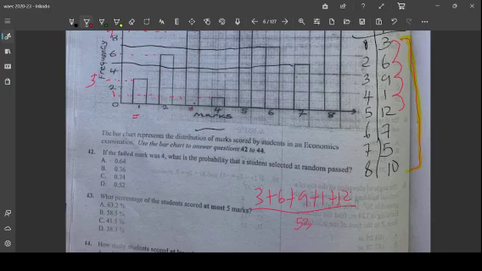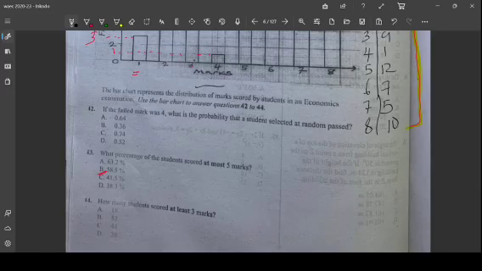When you add up these numbers, you have 31 over 53. Since we are told to represent our answer in percentage, times by 100, we have 3,100 divided by 53. And when you punch that in your calculator, it gives you 58.5%. So 58.5% of students scored at most 5 marks.